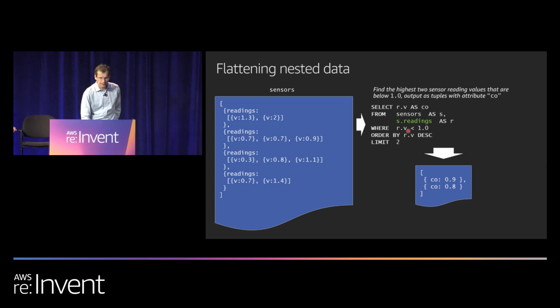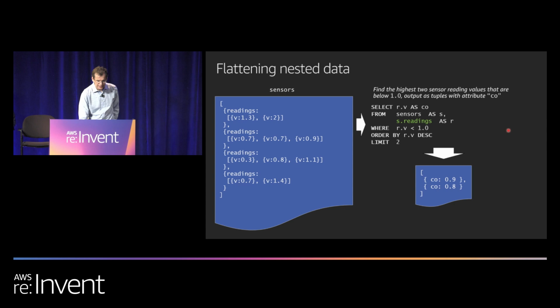Notice that the white part is SQL as usual, so it's basically saying I have my S alias ranging over sensors, but here comes the interesting part. It says, and I have my R alias ranging over the sensor.readings. Okay, so basically the R will be picking values in the sensor.readings.